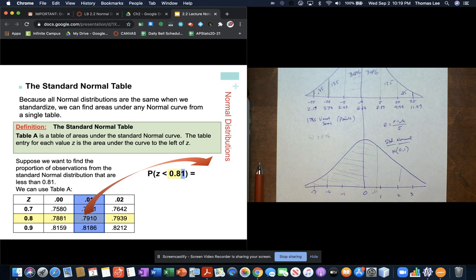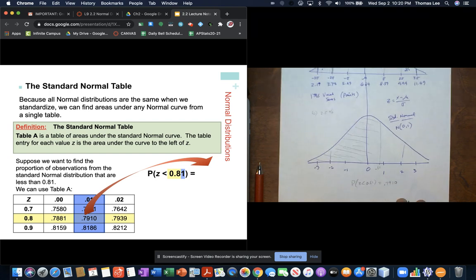So how you write that in notation is capital P means probability. The probability that little z, our z-score, is less than 0.81 is equal to 0.7910.